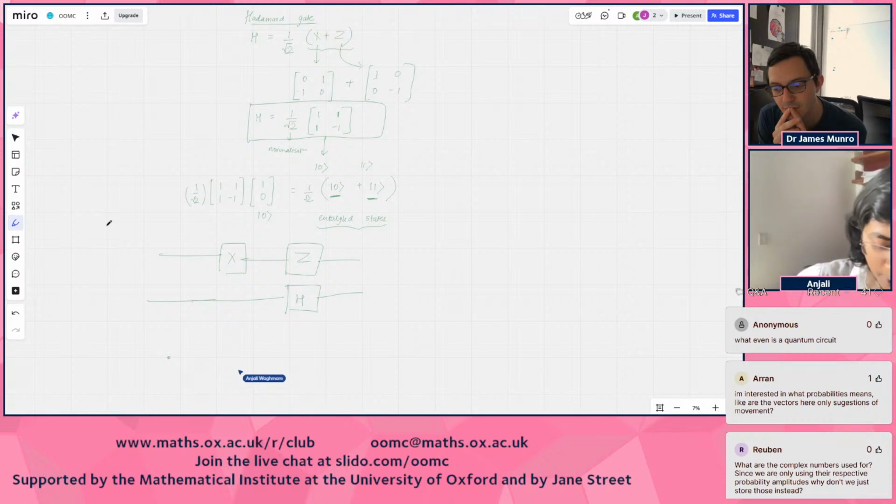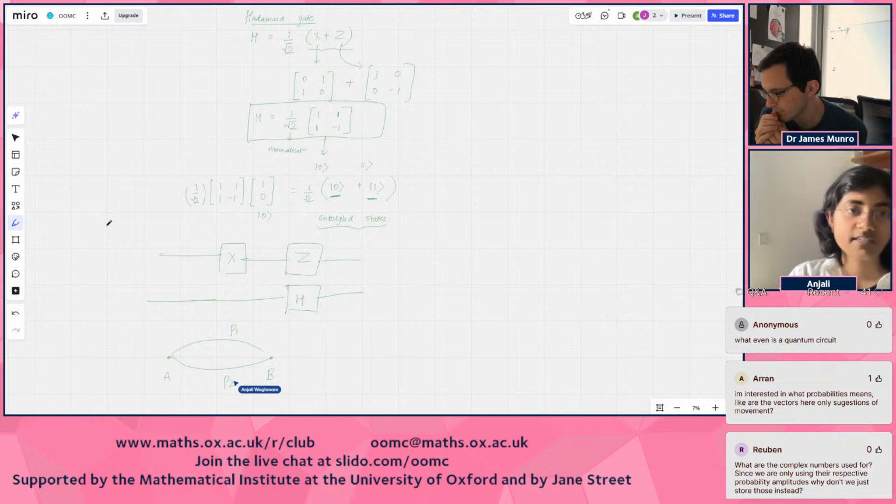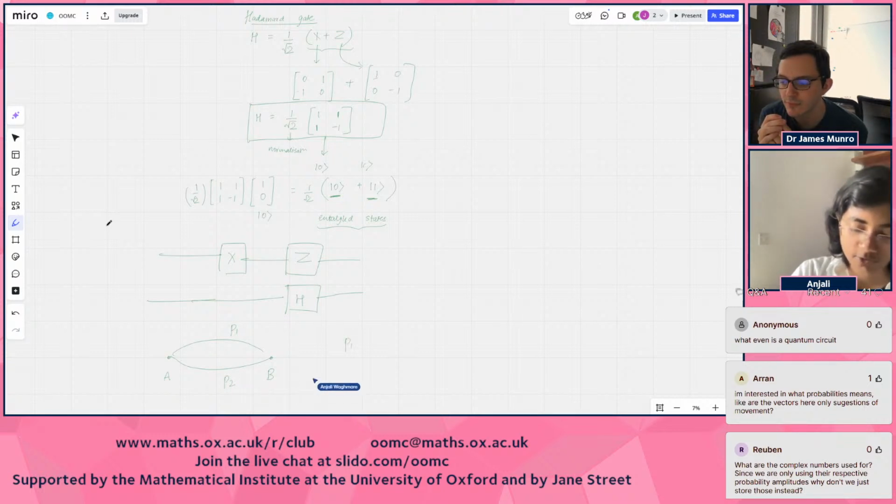If you want to, let's say, go from A to B, and say you have two ways of doing it, with probability P1 and P2. What probability theory says is that P1 plus P2 is the total.